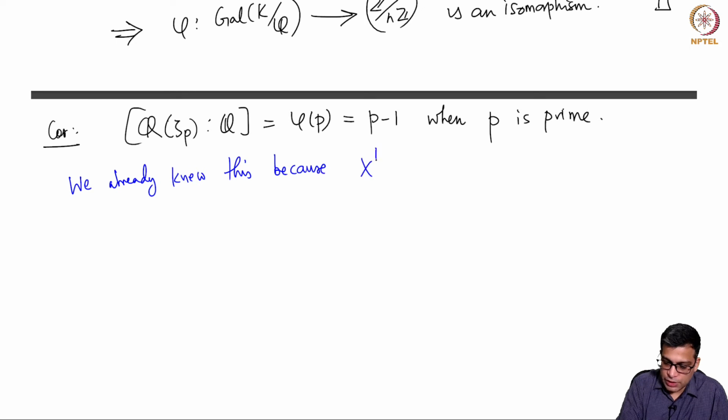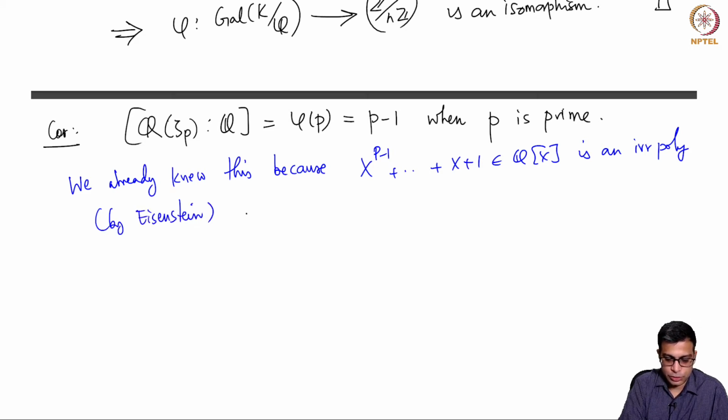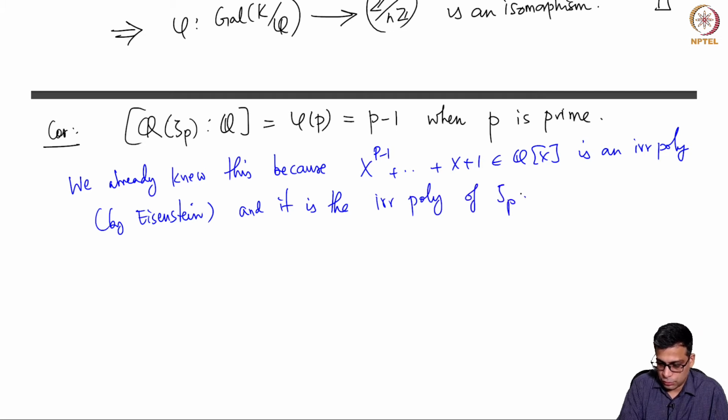Because x^(p-1) + x^(p-2) + ... + x + 1 is an irreducible polynomial by Eisenstein's criterion, and it is the irreducible polynomial of zeta p, right?